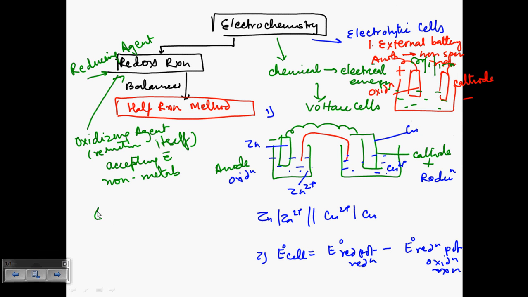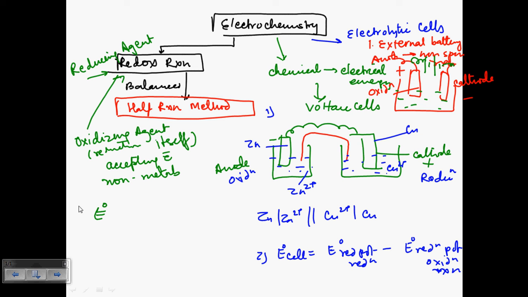Now, standard cell potential is under standard conditions, 1 molar, 1 atm, 25 degrees, but you can change the concentration of solutions in each of the chambers, and that will affect the value of cell potential. So how do you figure out the value of cell potential?